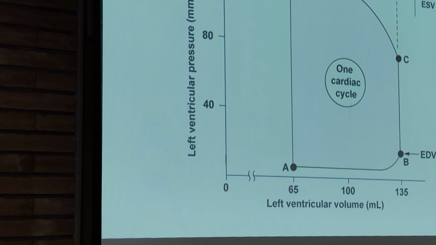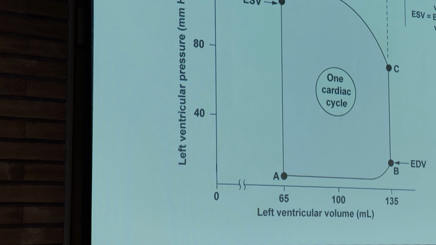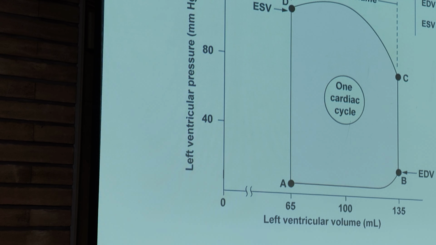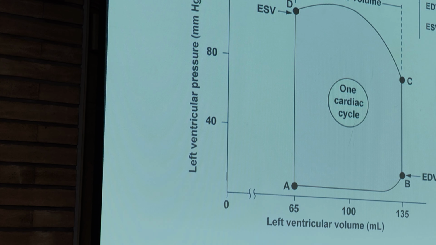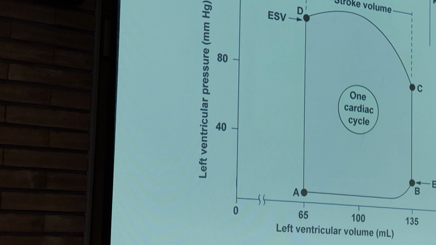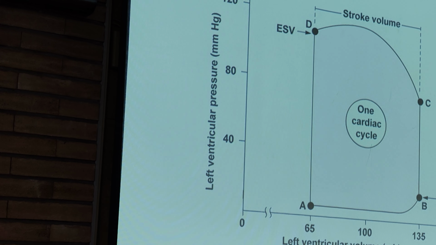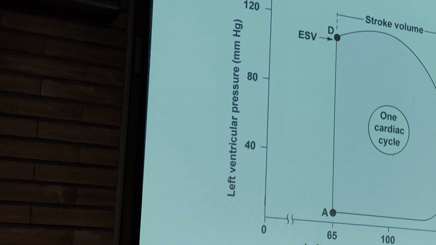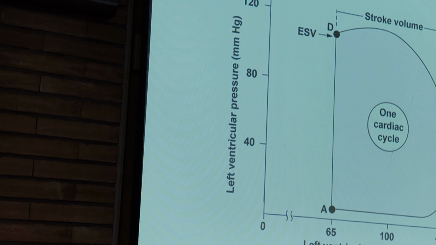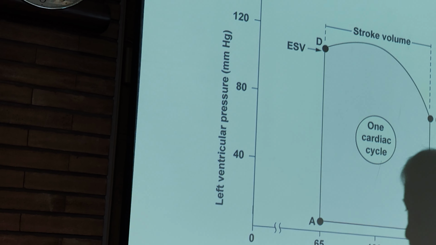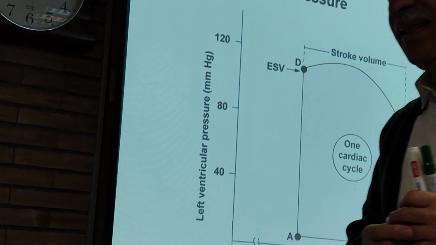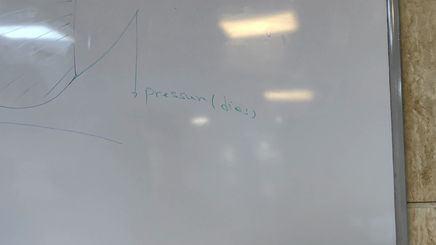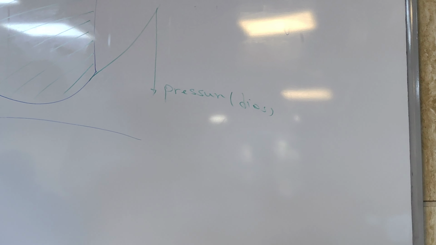So when the opening is very narrow, this amount of work will be very high and is not negligible when the valve is stenotic. At rest, when there is no stenosis, that would be around 1%, which is negligible. But when the valve is stenotic, that can reach around 50% of the total work, which is not negligible.